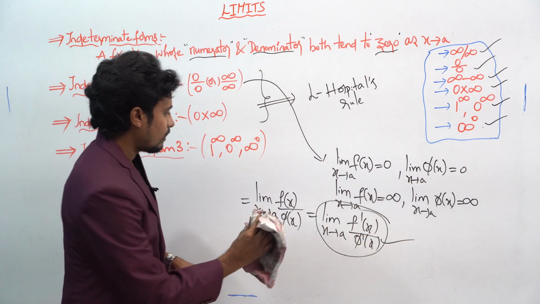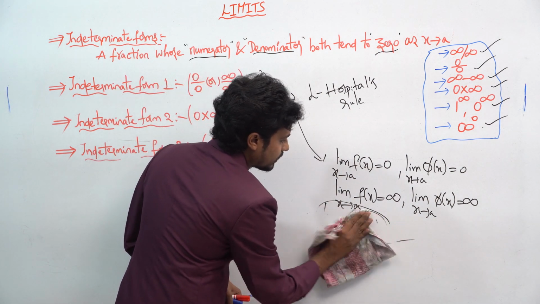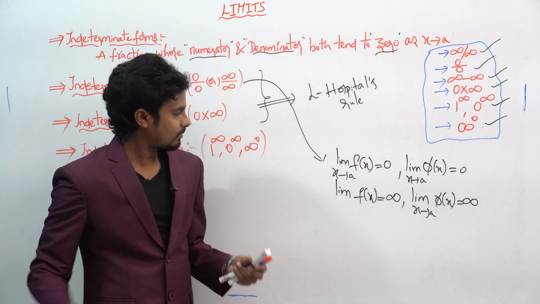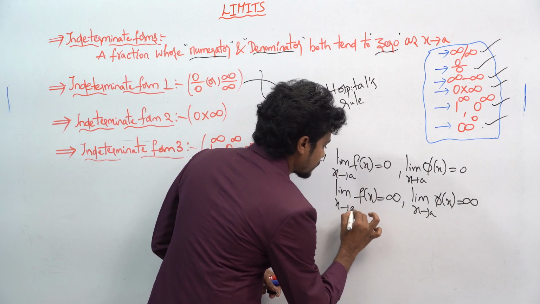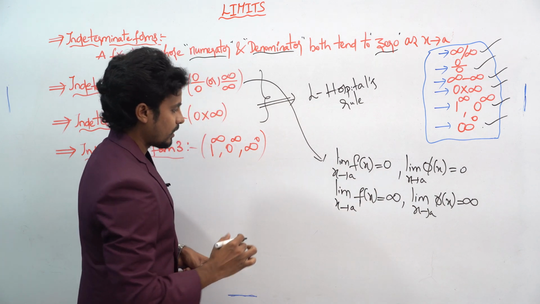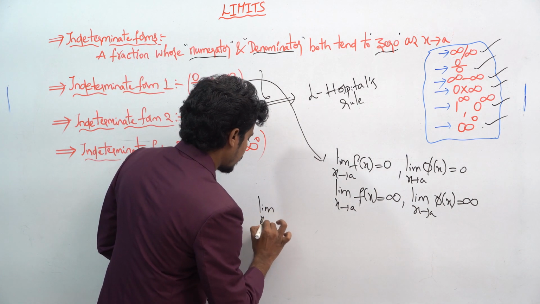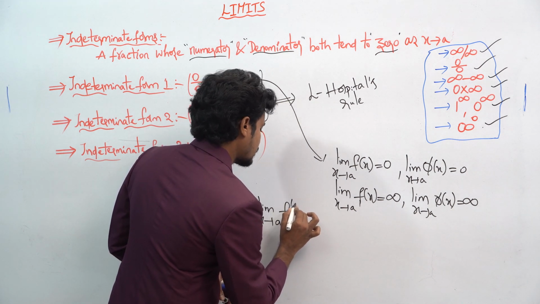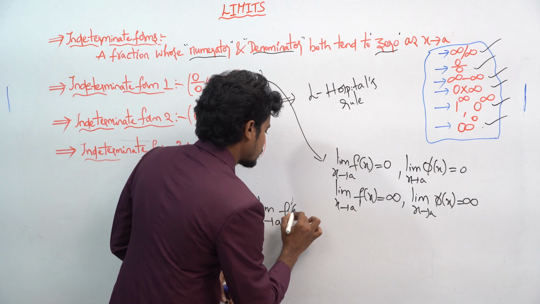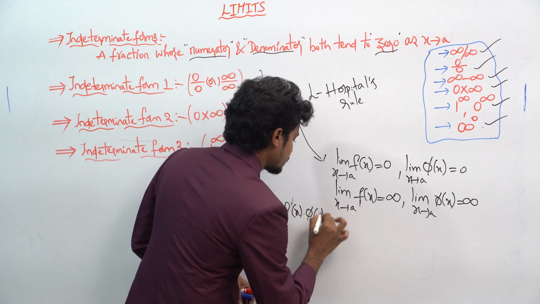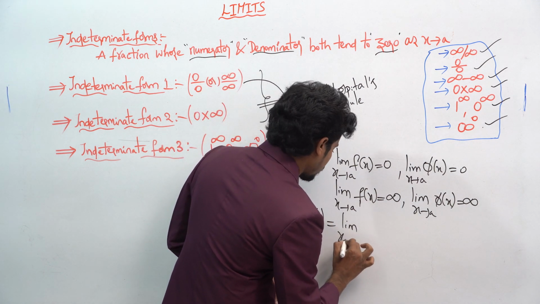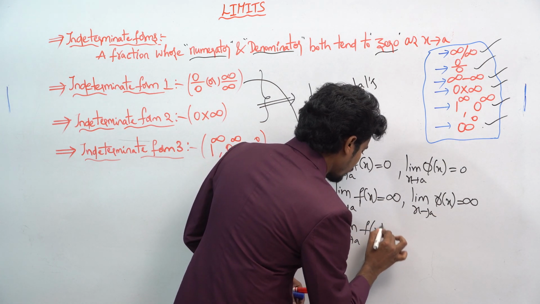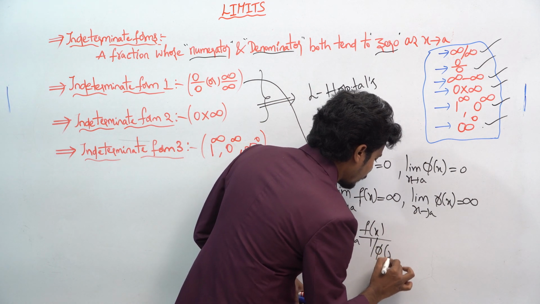Similarly, if you take limit x tends to a of f of x into phi of x, this will become limit x tends to a of f of x divided by 1 divided by phi of x.